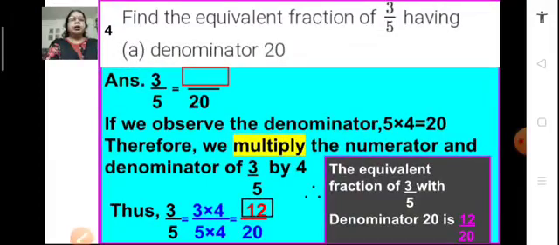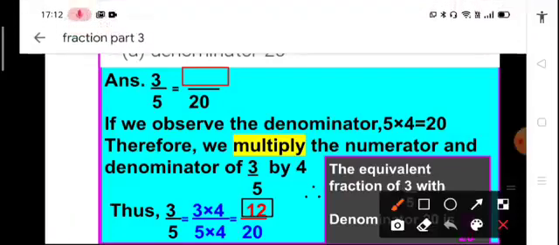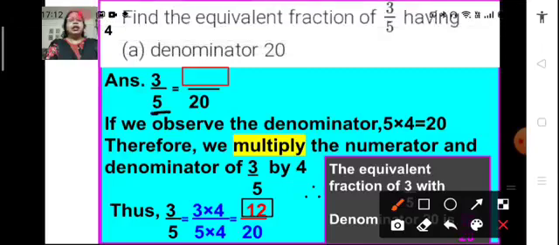Coming to question number 4. Find the equivalent fraction of 3 upon 5 having denominator 20. So here we have a condition, we have to find the equivalent fraction of 3 upon 5, but the denominator should be 20. How do we get denominator 20 here? If we multiply 5 by 4, we get the denominator 20.